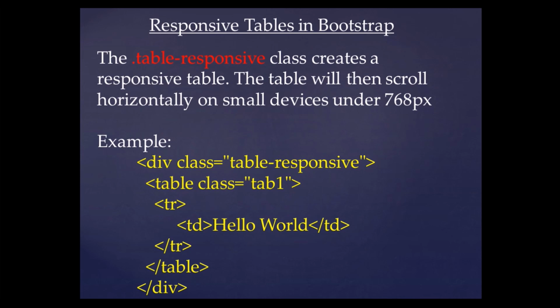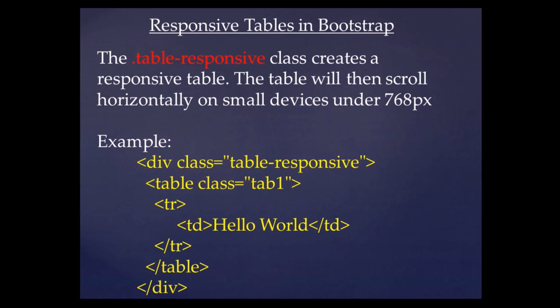How does it do that? Well, with responsive tables and responsiveness. So if you have a table and if you use the Bootstrap responsive class, then it can make your table responsive. The .table-responsive class creates a responsive table. The table will then scroll horizontally on small devices under 768 pixels.